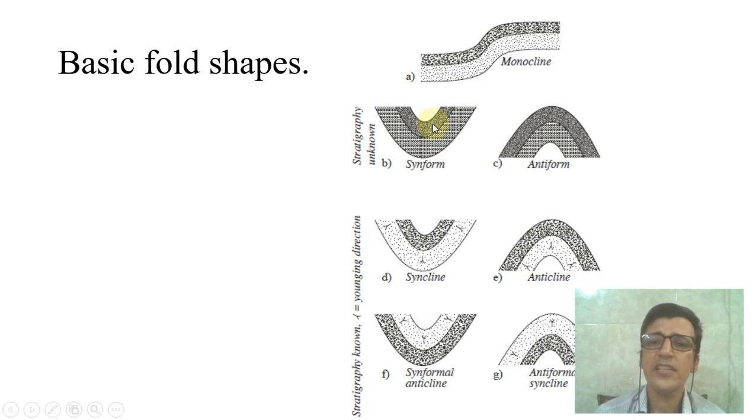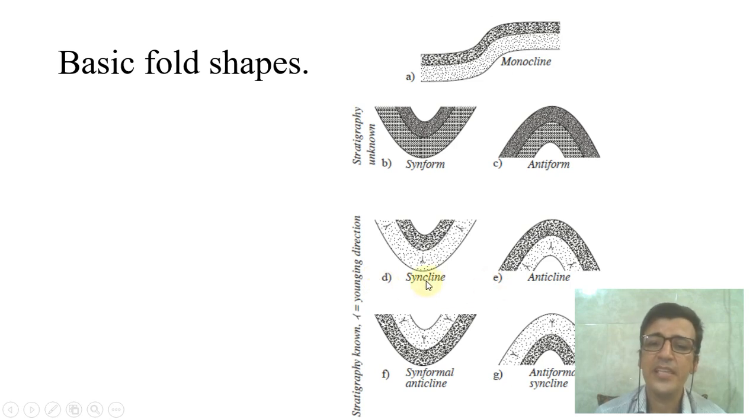We just determine by the shape of the feature. If we have this shape, this is a synform, and if we have this shape, this is an antiform. Okay, just based on shape. Synform, antiform.